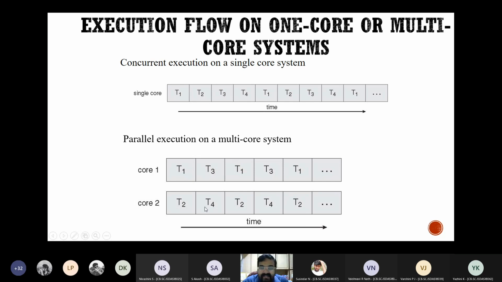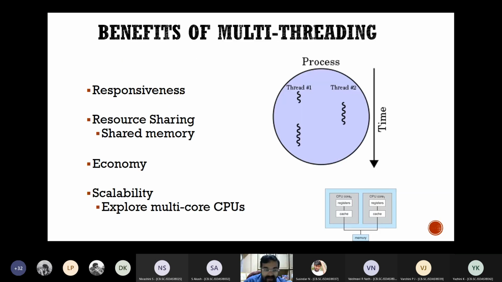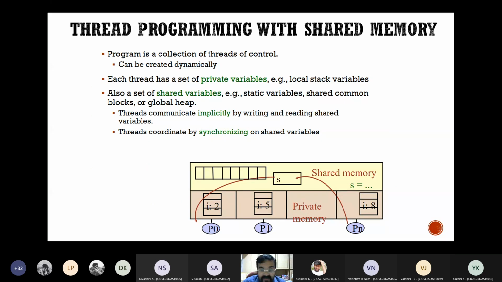So obviously when you have threads, there is parallel execution, parallel processing, and as a result it is faster, resource sharing is easier, and it is scalable. You can easily scale it up so that the threads can be given to different processors. It is parallelizing, responsive, sharing of resources, economical, and so on.